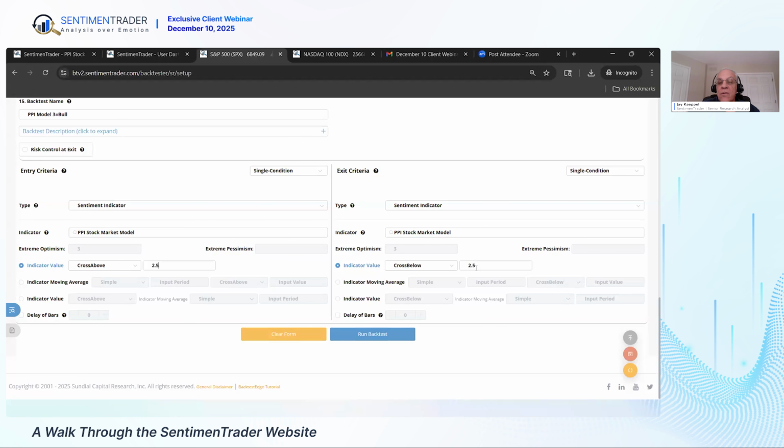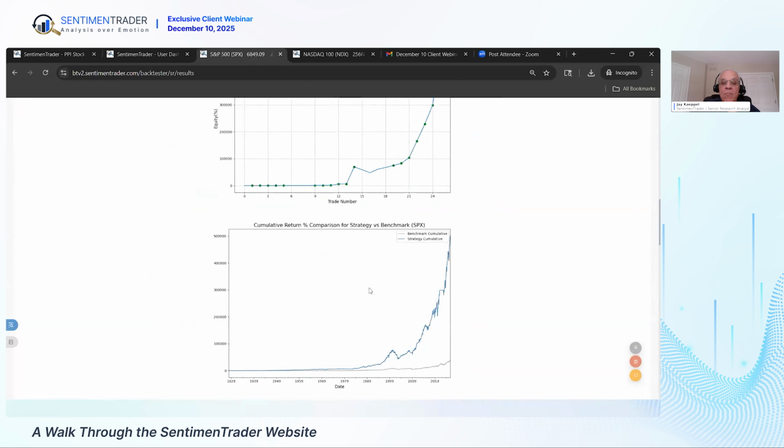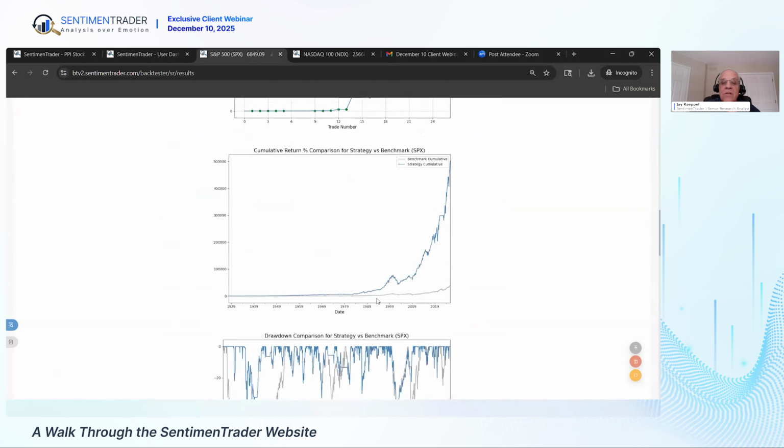Now, like I said, this one goes way back. So in the market 80% of the time, so you're only going to be out when there's massive inflation or massive deflation, which is actually very bad too. 84% win rate. Here's the equity curve, hypothetical equity curve using this strategy versus buy and hold.